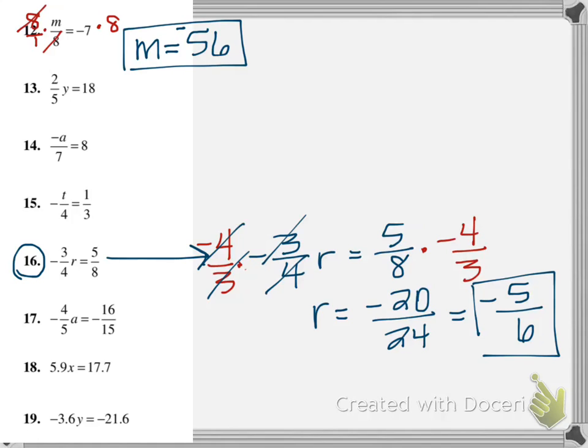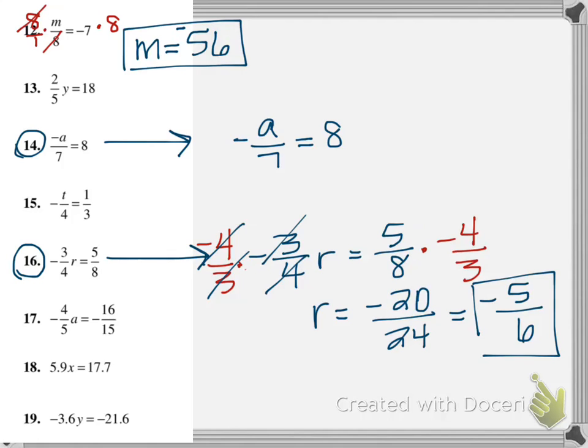Okay, let's look at 14, which is an interesting type of problem. We have negative a over 7 equals 8. Now, they have the negative on the a, but remember we've talked about this before, where you can have the negative on the top or the bottom or floating in the middle.